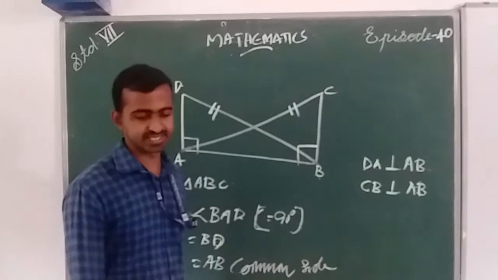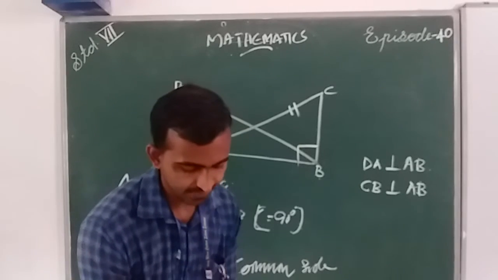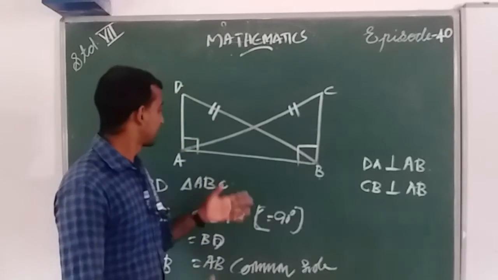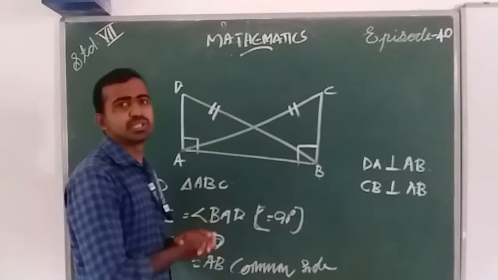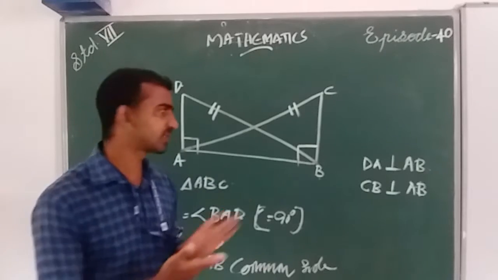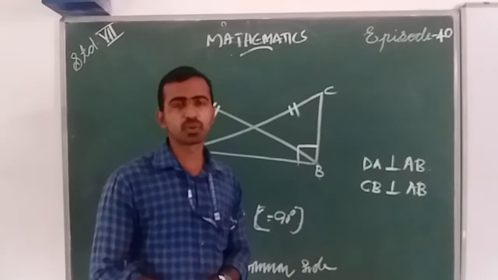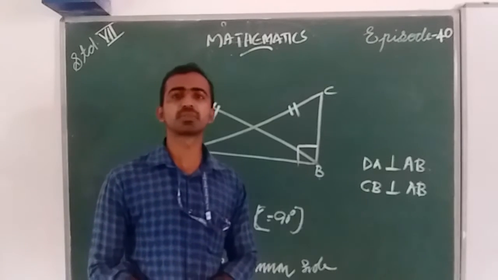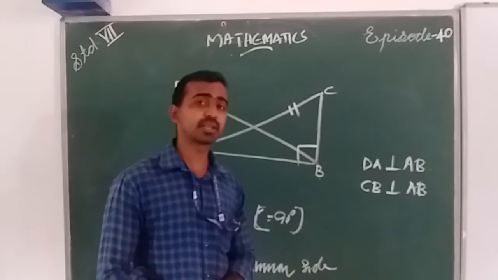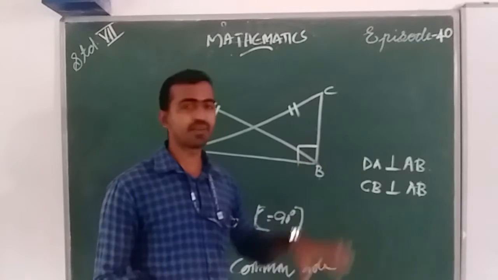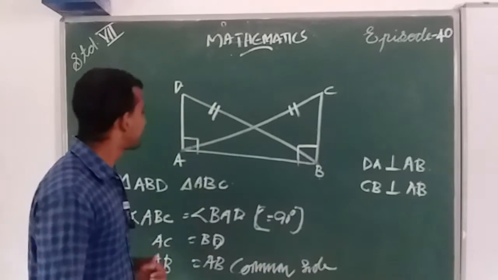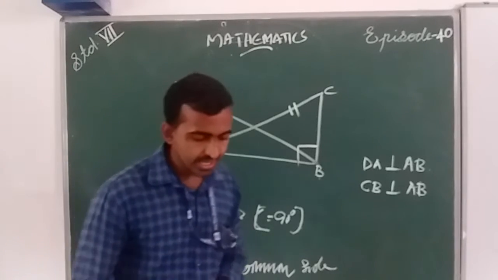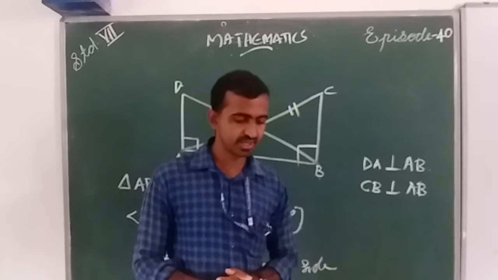So we can say these two triangles are congruent by RHS, the right angle triangles congruence criteria. By the right angle triangle congruence criteria, triangle ABD is congruent to triangle ABC.